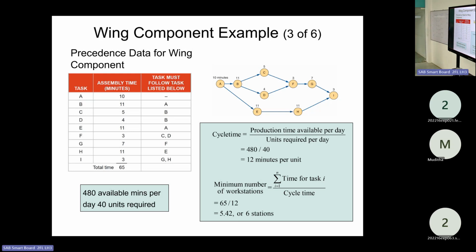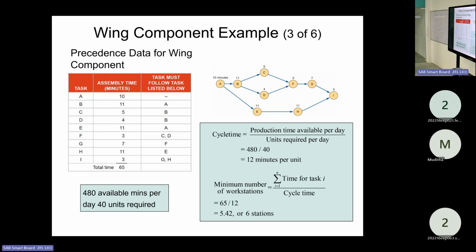Out of these, C has the longest processing time, so we prioritize C, and C requires 5 minutes. We then have 7 minutes remaining, and D becomes possible.